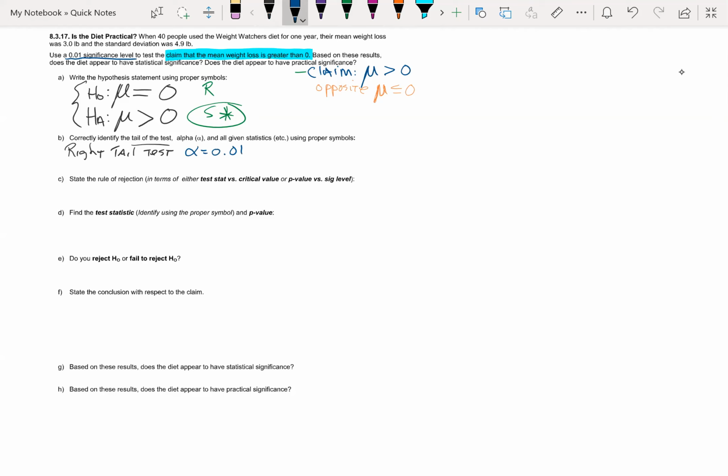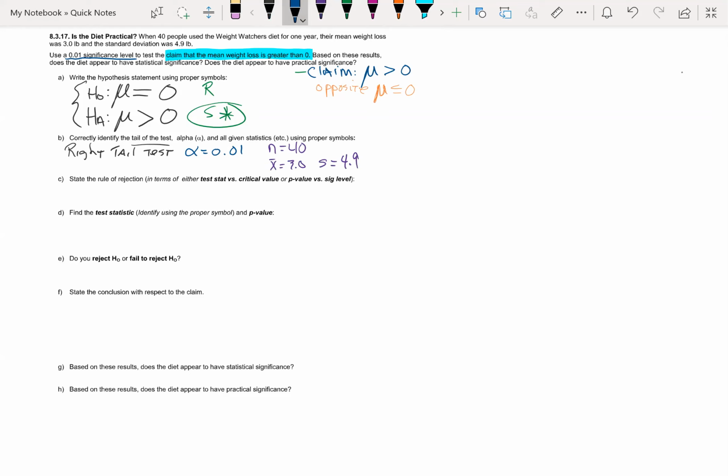And our statistics are up top there, our sample information. Our sample size was 40, the 40 people that went through this, and their mean weight loss in this sample was 3.0 pounds, and the standard deviation of the sample was 4.9 pounds. So that's all of our background stuff.